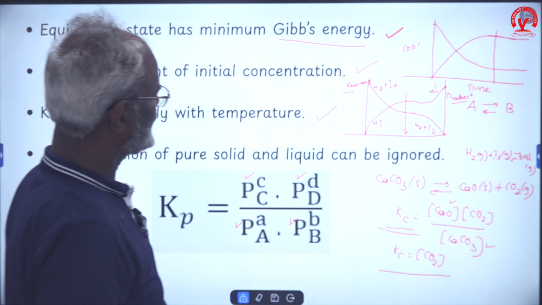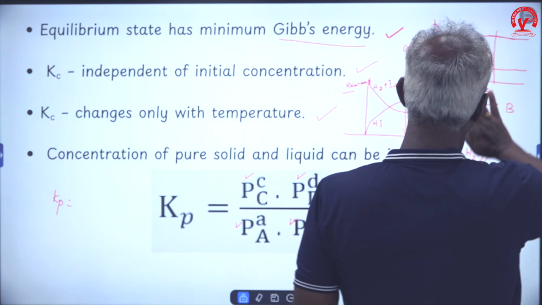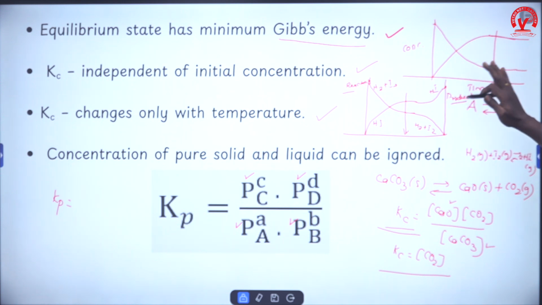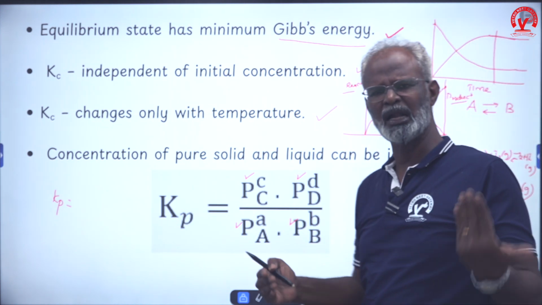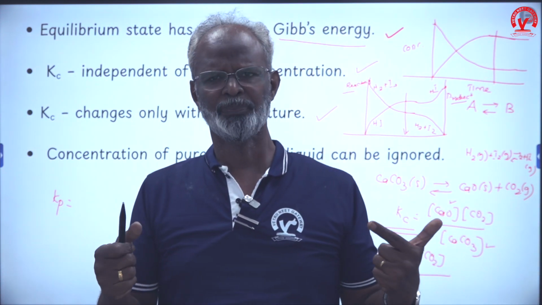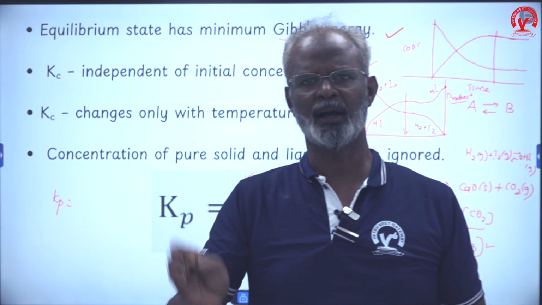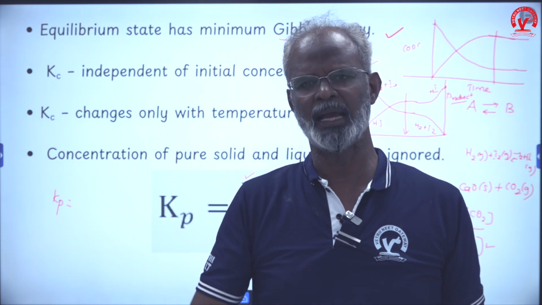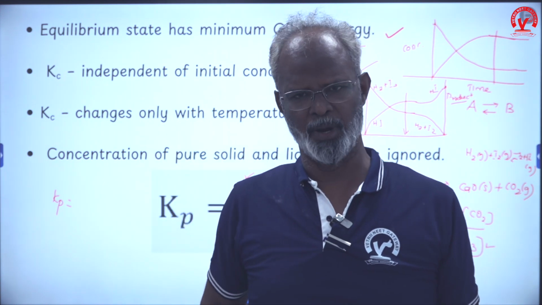There are some different graphical representations. I have given you only the 2 graphs given in the NCERT book. There are other types of representation also, but basically we start from the product side or the reactant side, and after attaining equilibrium, the concentration terms become constant, or flat. That point is the equilibrium point.